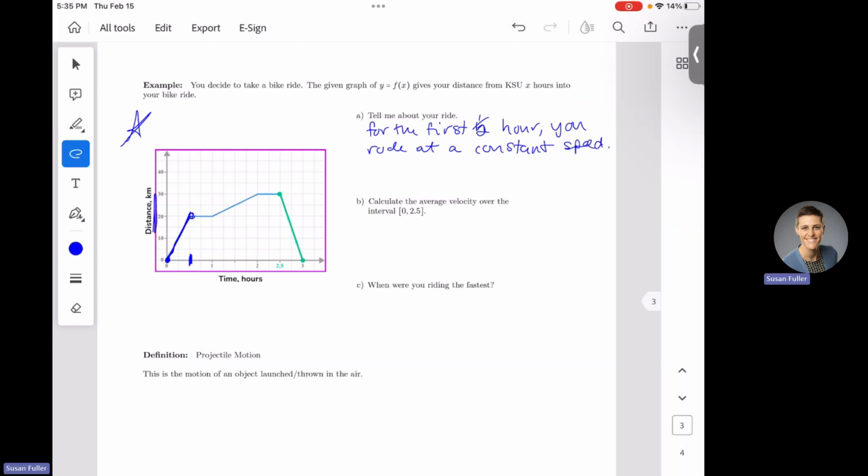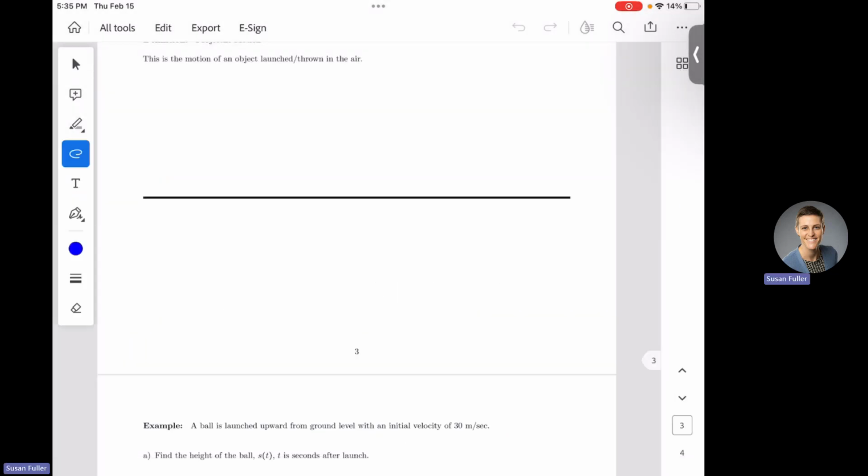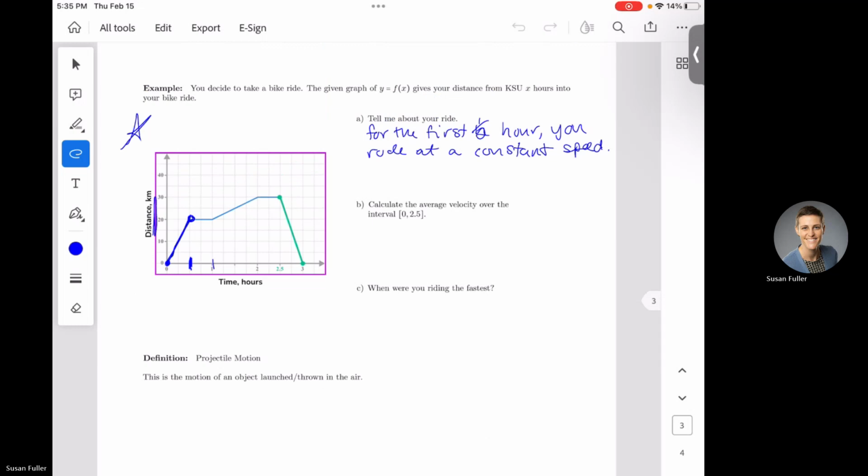And then half an hour in, for this next half an hour, from half an hour in to 1 hour in, that's another half an hour. What happened in here? Well, during that second half an hour, you stayed 20 kilometers away from KSU.